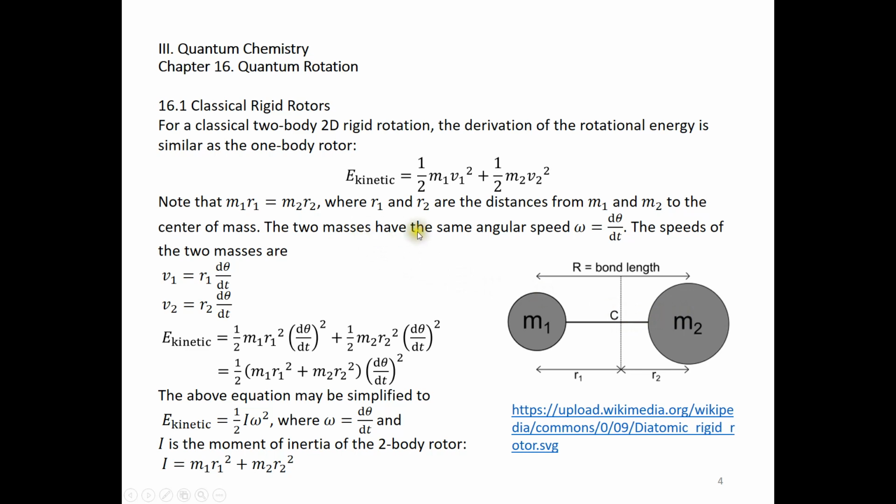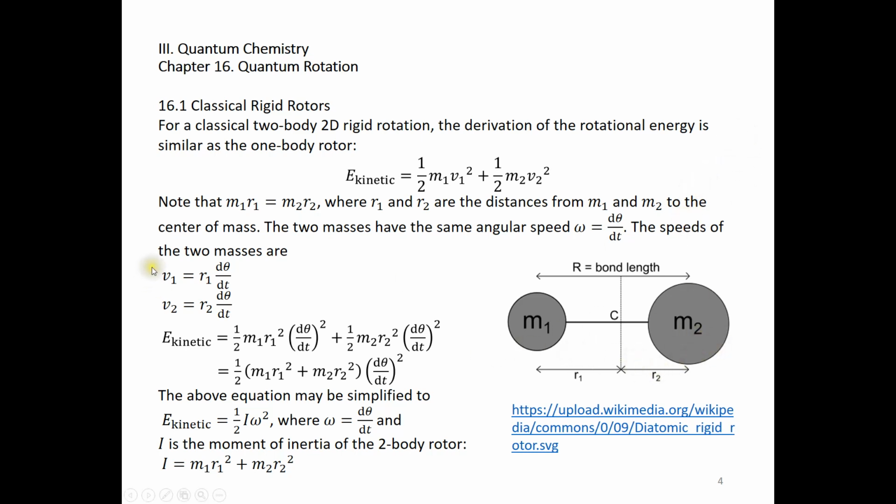The two masses have the same angular speed, so when they rotate, they travel at the same angular speed, but not necessarily the same speed, because R1 and R2 are often different.